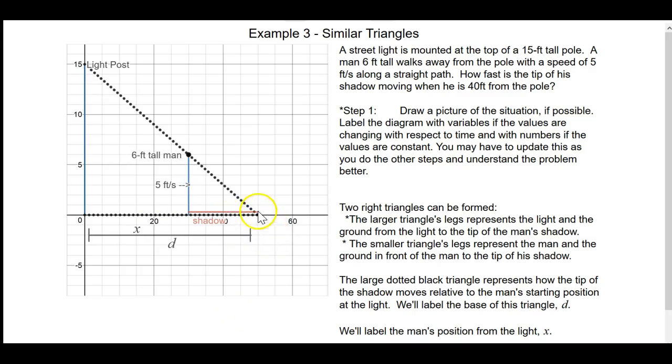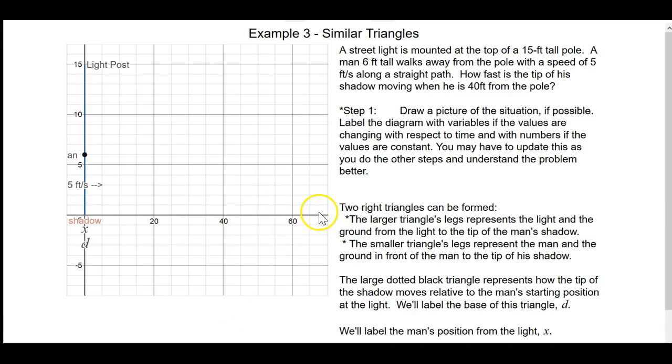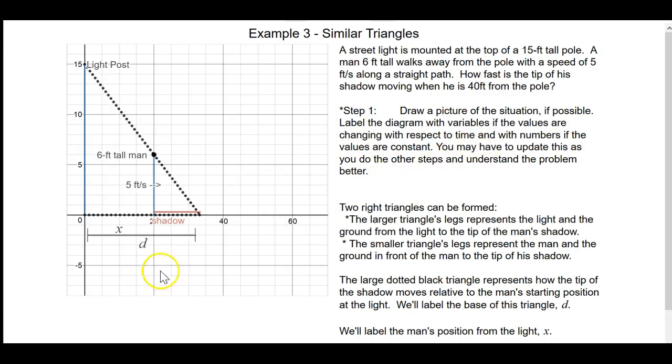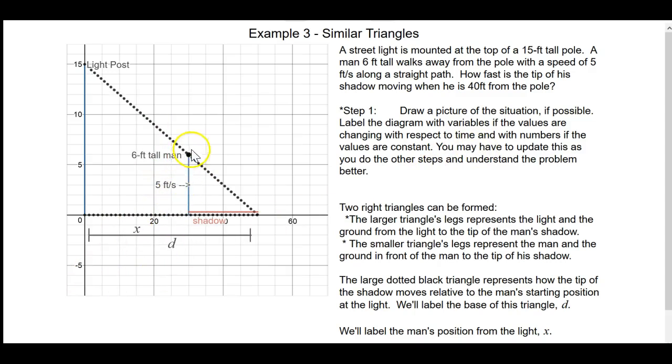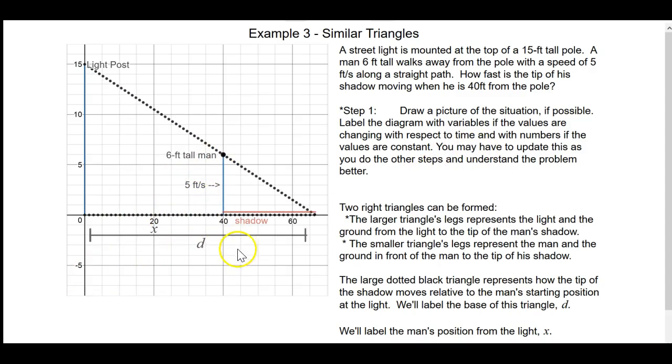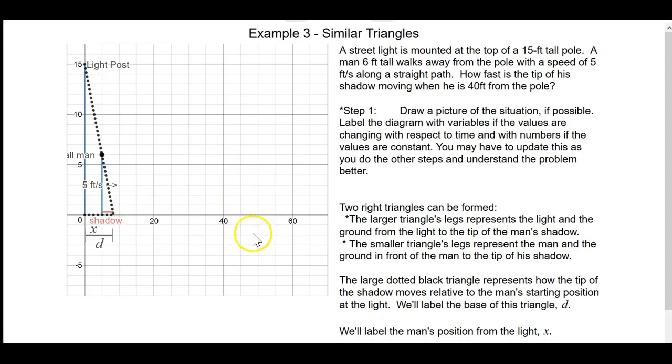So the tip of his shadow would be the tip of that big triangle that's being formed by these black dots. So draw a picture of the situation as step 1. Label things. So I've labeled the height of the man, that blue segment, 6. The rate is 5 feet per second.